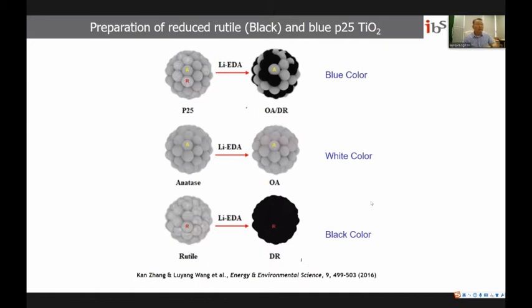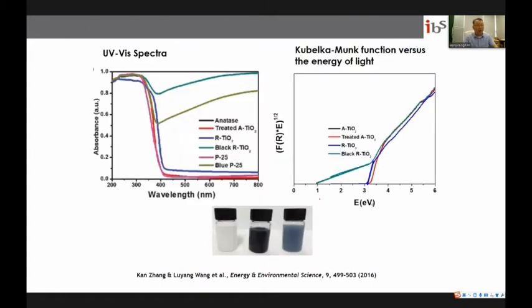Okay, so this is our conclusion. Through our analysis, we found out that the mixed phase P25 gives a blue color, and the anatase phase did not change. The rutile phase makes black. This is one of the surprising results, which was not expected.